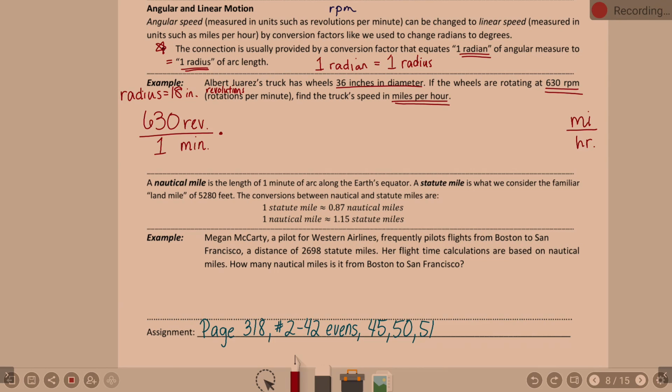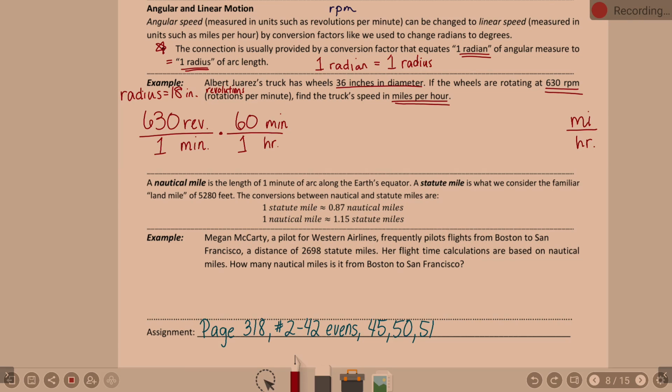You want to get the easy one out of the way? Minutes to hours. What do you know about minutes and hours? 1 hour is equal to 60 minutes. Review: you can either make it 1 hour over 60 minutes or 60 minutes over 1 hour. Our goal is we want this label to cancel. So if I want minutes to cancel, that means 60 minutes on top over 1 hour on bottom.